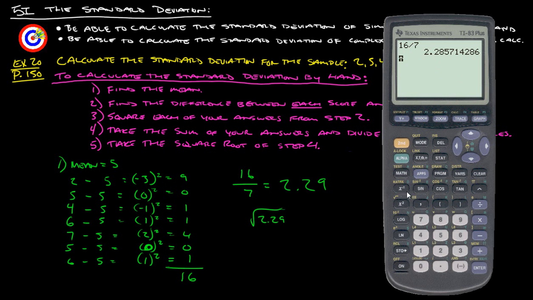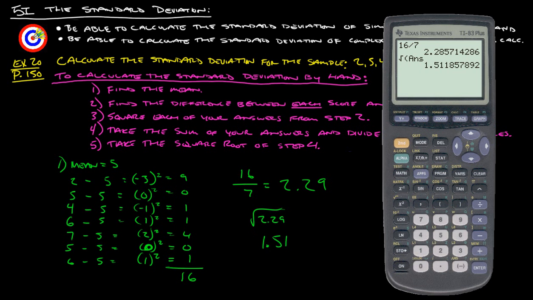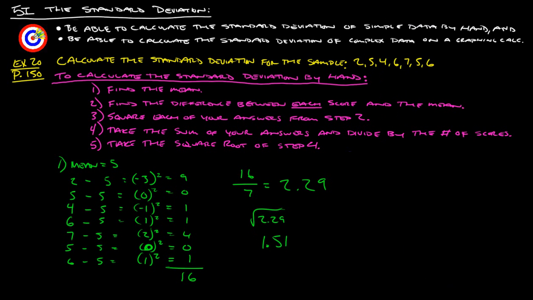Since that number is already in our calculator, let's just do second square root of our answer, second answer. And we get 1.512 is our standard deviation on that. All right, so that's how to do it by hand.